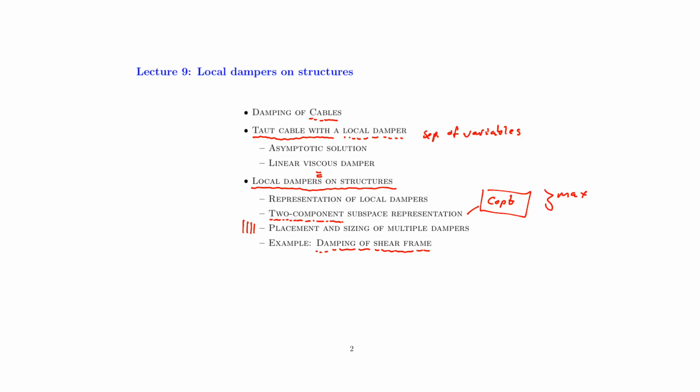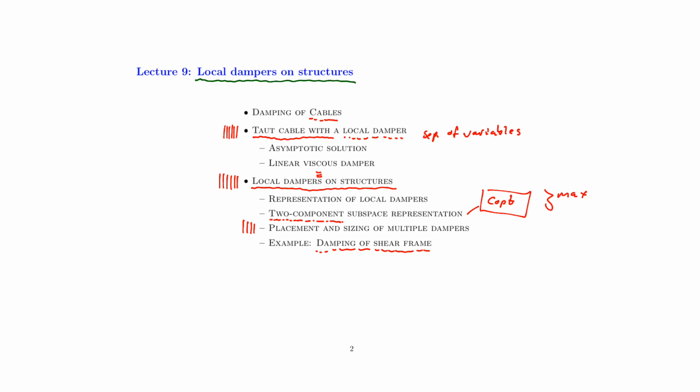So what we will consider for the oral exam is the general theory for either a taut cable or for a local damper placed on a general structure. We will most likely provide you with the chance to decide to either consider one topic or the other. Of course, if you are so lucky to draw the lecture number 9 as topic for the oral exam.